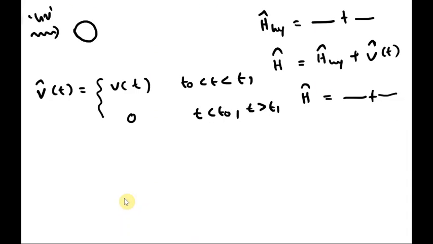one important difference that you can notice here in the case of a Hamiltonian that has time dependence is that you don't have energy eigenvalues in this case.